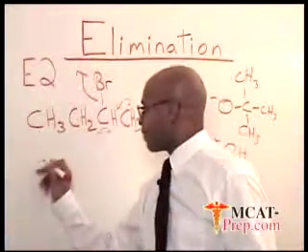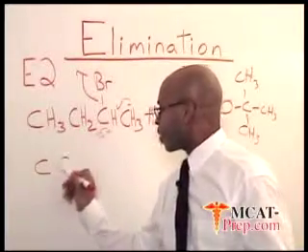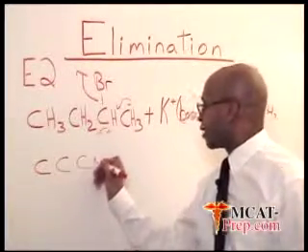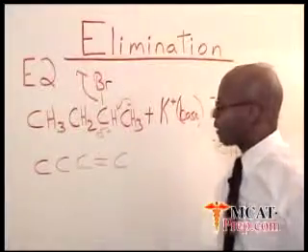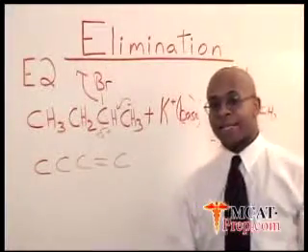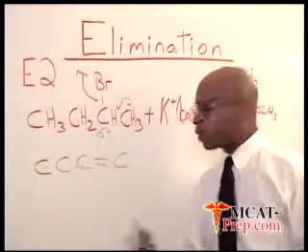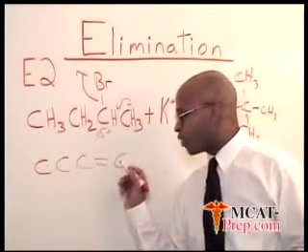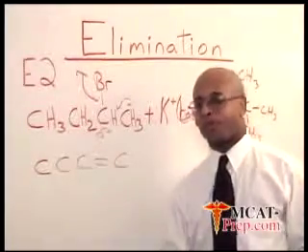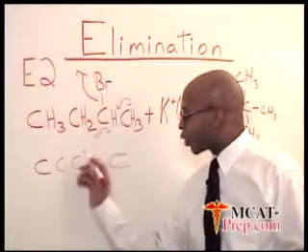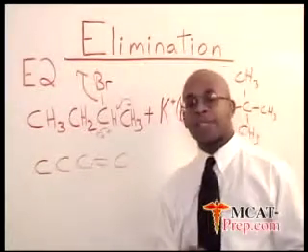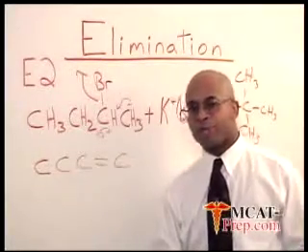So then we would have as a major product carbon, carbon, carbon, double bond to carbon. So this, in fact, as our major product, would be 1-butene. So in other words, it occurs in such a fashion that this is mono-substituted.